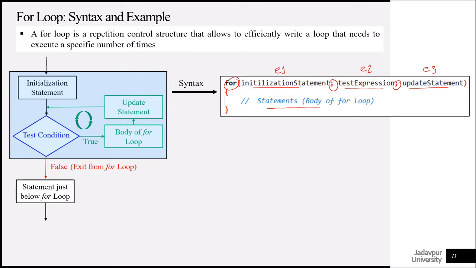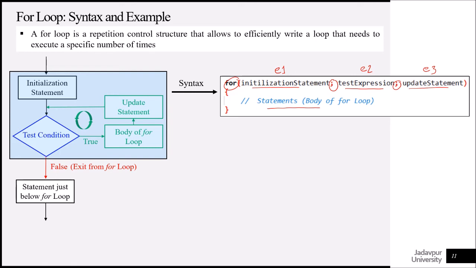So as mentioned, this is the syntax of the for loop. First of all, mention the initialization statement, then after the semicolon provide the test expression, and then after providing another semicolon give the update statement. The body of the for loop is obviously contained within the curly braces.